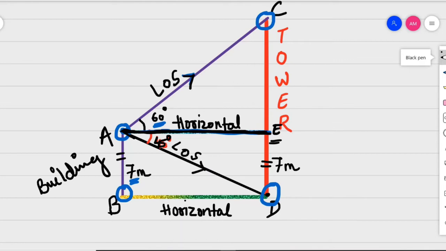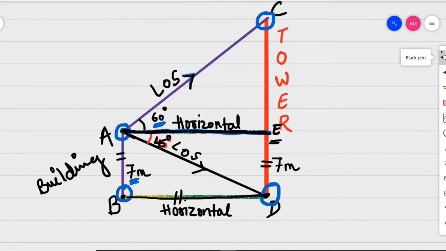See, we have formed a rectangle here, and this is also the horizontal. You should also join the foot of the building with the foot of the tower. These horizontals should always be drawn, because they may not be part of the problem, but they are very helpful in solving the questions.